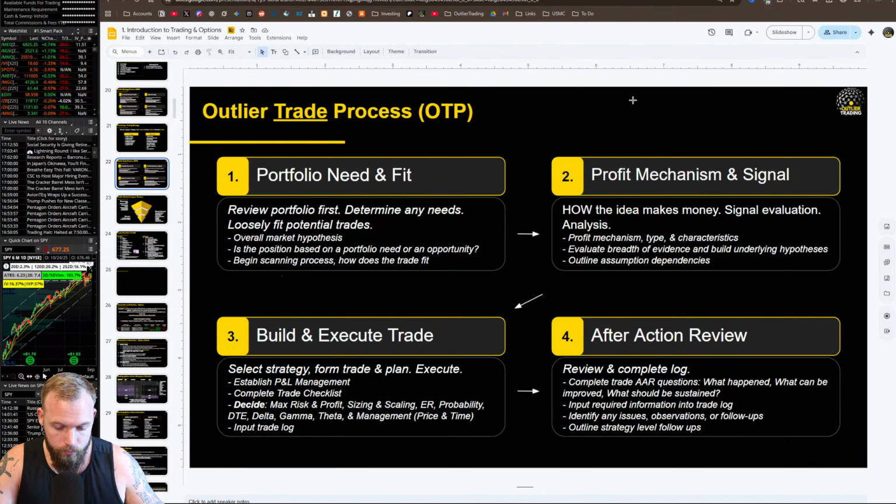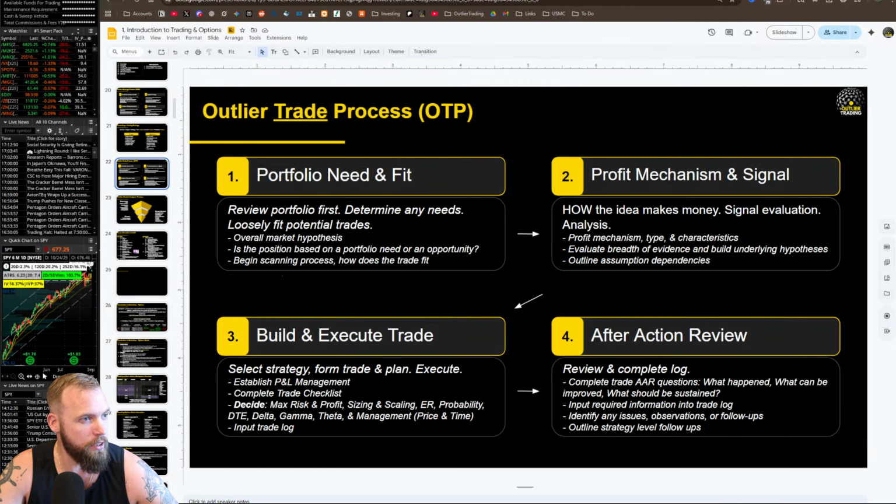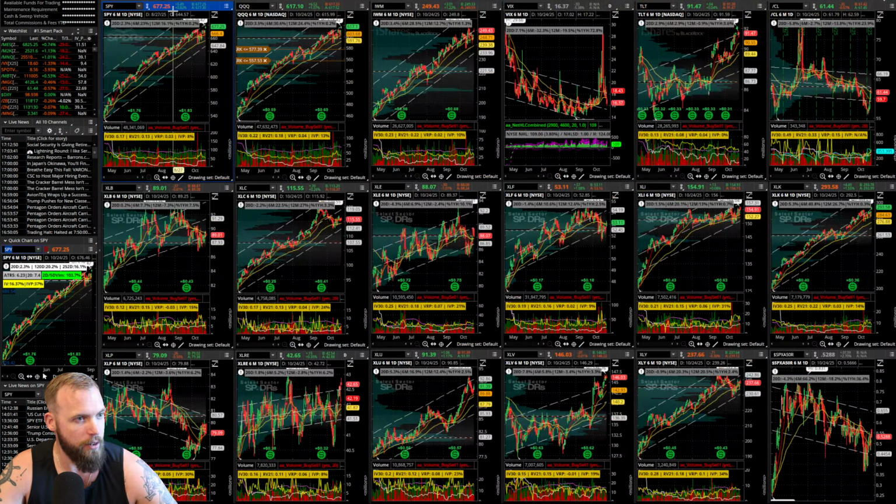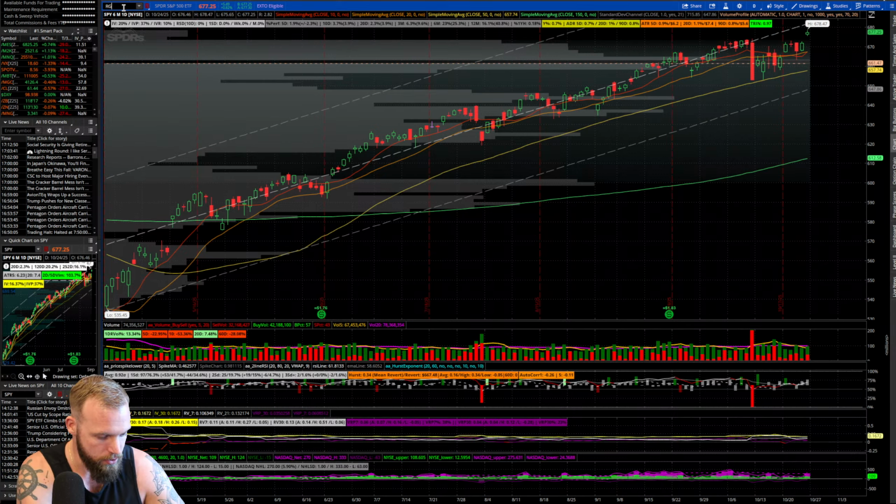So we look through the market and we now see something that gives us an idea. We have some sort of trade that we want to take. I'm literally going to pick something completely random. Well, it's not completely random, but not really based on anything hyper relative to this. But let's take a look at RGTI.